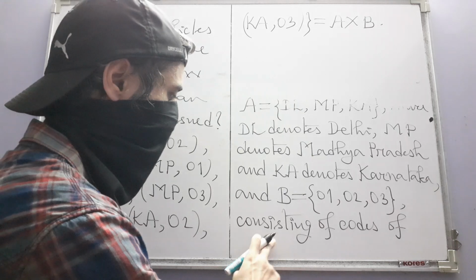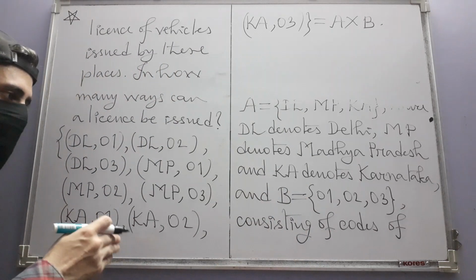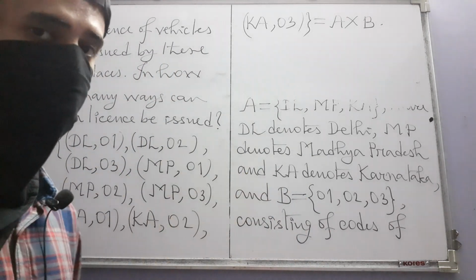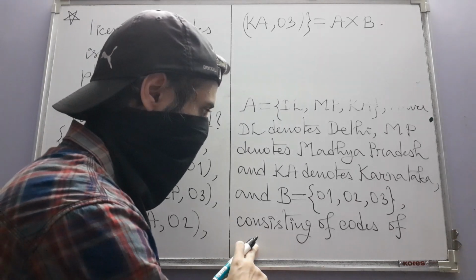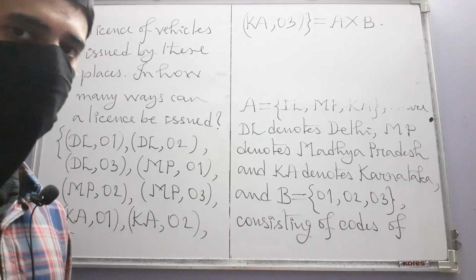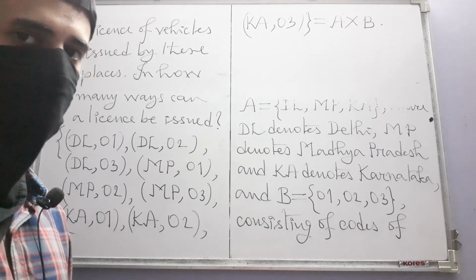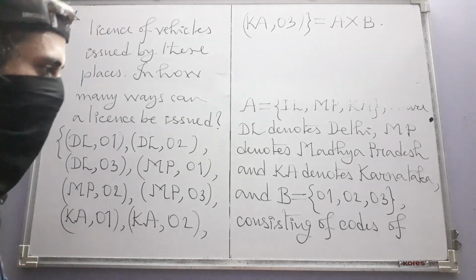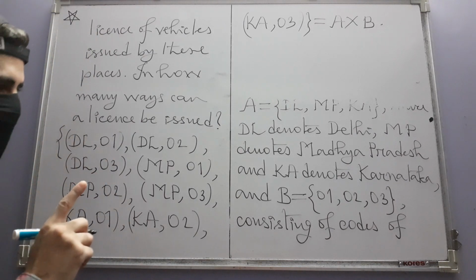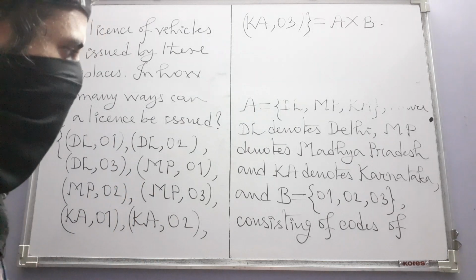Because an ordered pair has 2 components, and the components are coming from 2 sets. So the total number of possibilities will be how many elements you have in one set times the number of elements in the other set. So in that example, we had 6 ordered pairs.